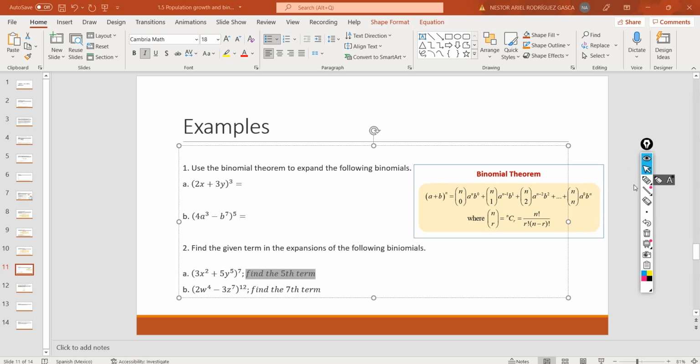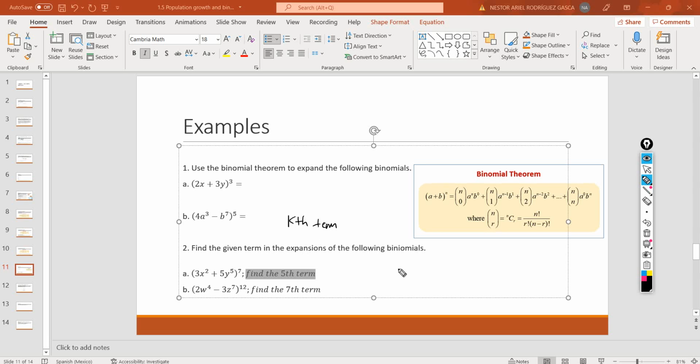Like we said before, there is a formula that we discovered in class, so that we can get any specific kth term. And what does this mean? It means basically the term which is at position k in the expansion, right?